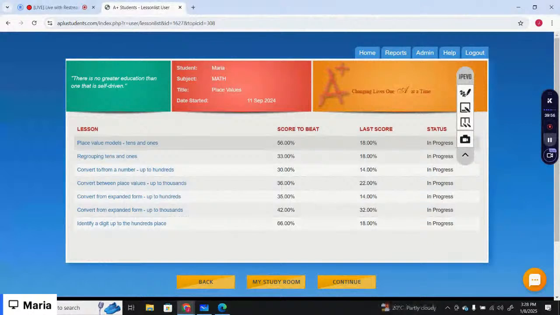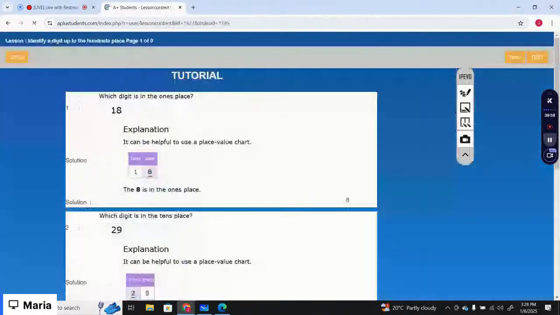The next lesson is identify a digit up to the hundreds place. Let's just start with the lesson. Which digit is at the ones place? If you still have problems with the place values, you can make a place value chart.